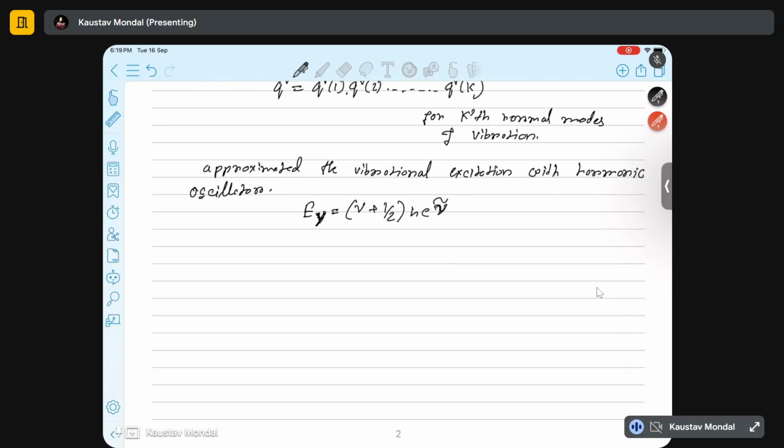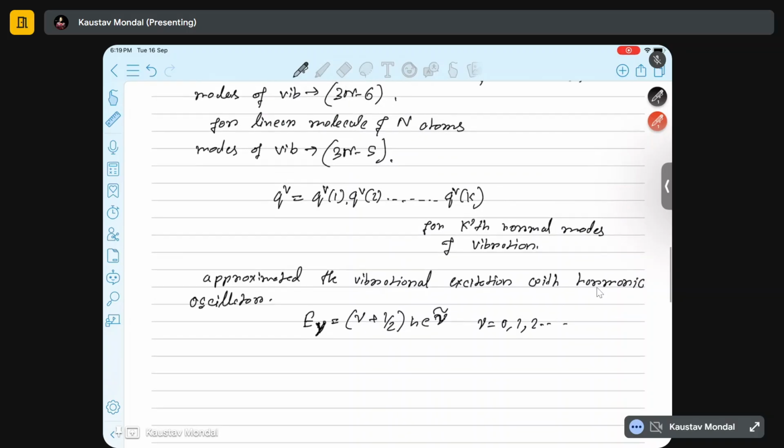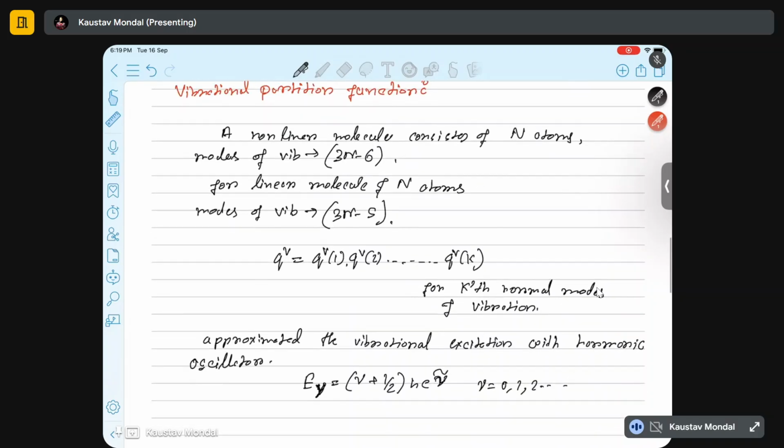The nu value varies as 0, 1, 2 and so on. This is the expression of the vibrational energy states we considered by approximating the vibrational excited state as a harmonic oscillator.